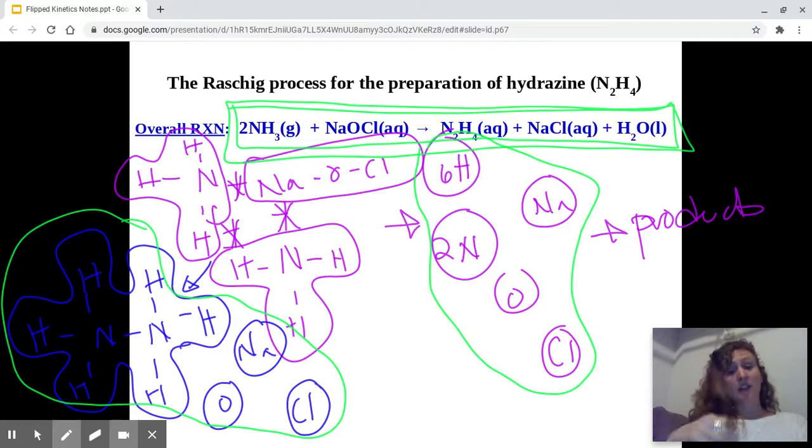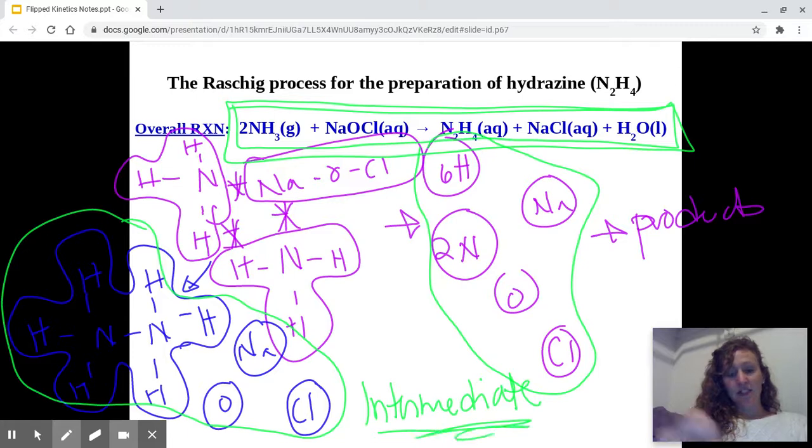And what we call these things that might occur, might exist as the reaction proceeds forward, but then they're also used up. So they're created, then they're used before the reaction finishes, and we don't actually list them in the overall reaction. Those things have a name, and that name is intermediate.